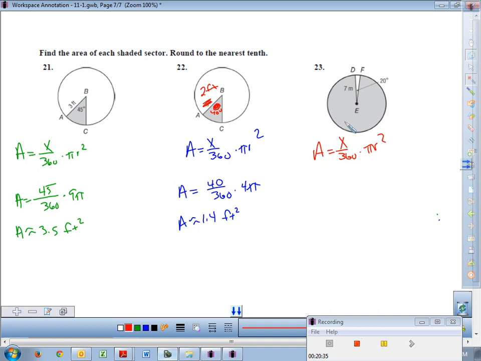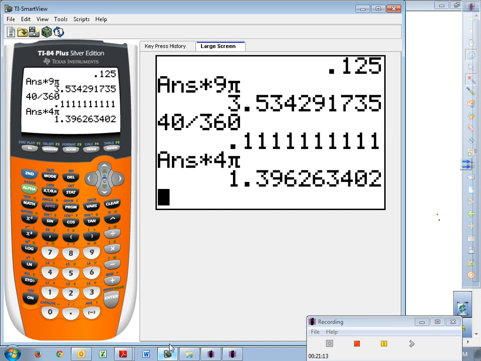And finally here, area equals x over 360 times pi r squared. The entire shaded sector, since this is 20 degrees, is going to be 340 degrees. So we're finding most of the circle's area times 49 pi. Take 340 and divide it by 360.